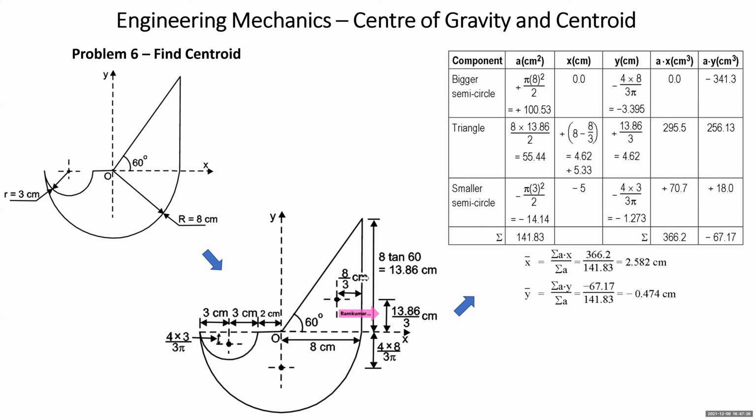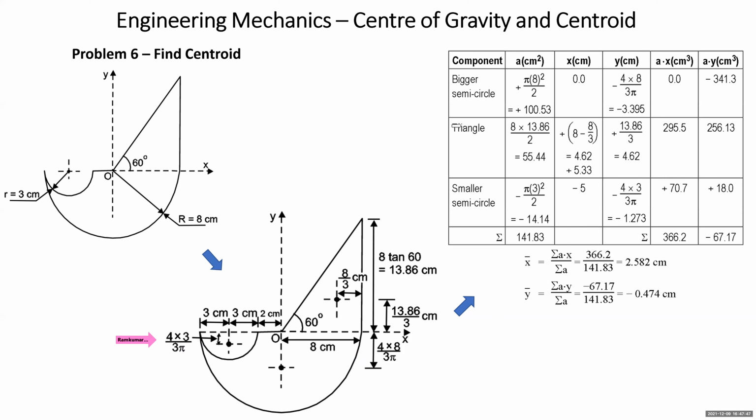With respect to this base, the height is 8, so the centroid will be 8 by 3. Then about this semicircle, the area is negative. Its centroid is going to be along the axis of symmetry, dividing the semicircle into two parts, and it will be below the base at 4r upon 3 pi. This distance is 4r upon 3 pi.